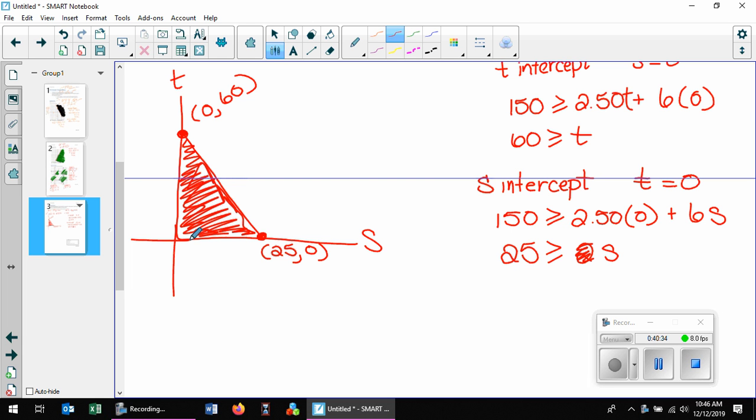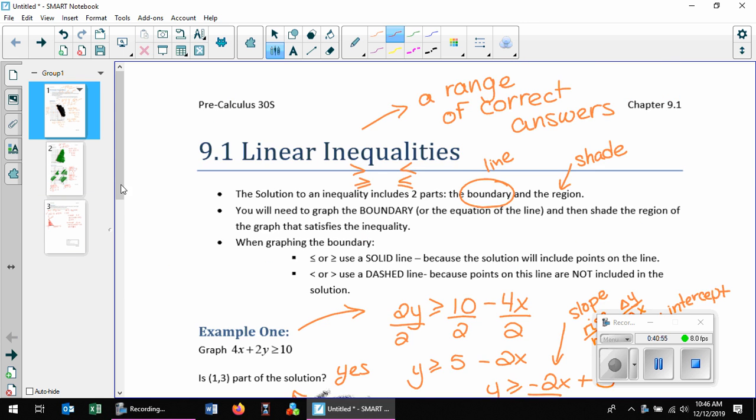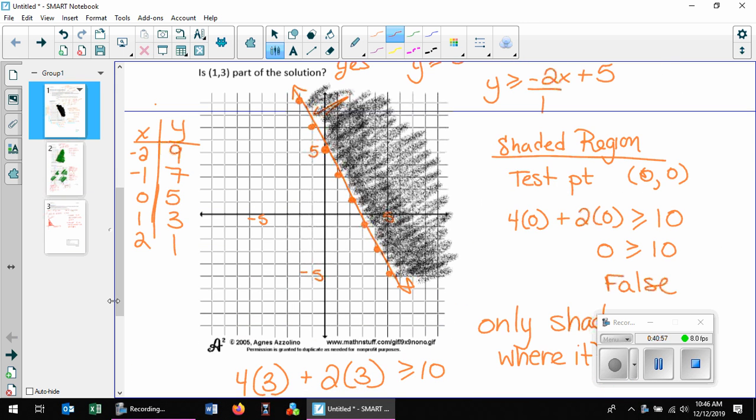So these should not have arrows on them. They should have closed circles. Very excited. Yes, math, yay, math. So this should not have arrows on it, and this should not continue into the negative quadrants. But it's because of the context of the situation. These graphs didn't have context. They just gave you the equation. They didn't say what it was about.